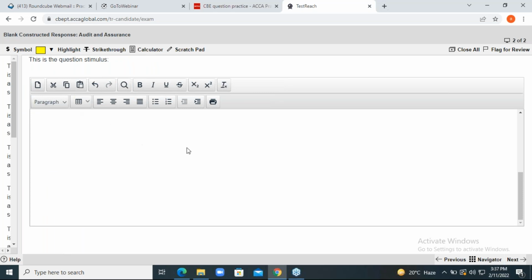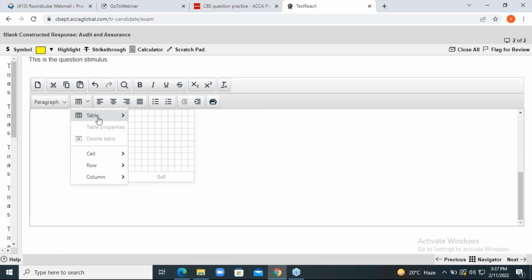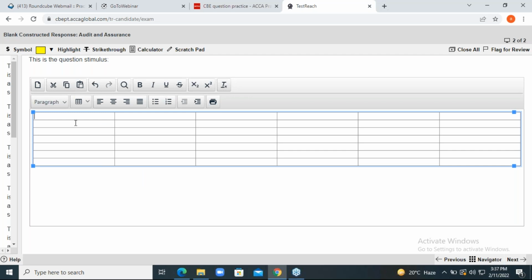Now, what is assertion model? Now, there are certain assertions for balance sheet items, and there are certain assertions for income statement items.